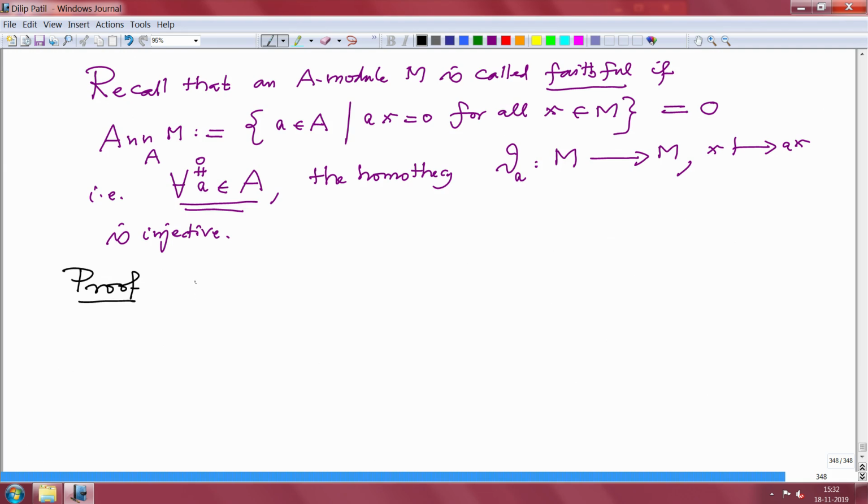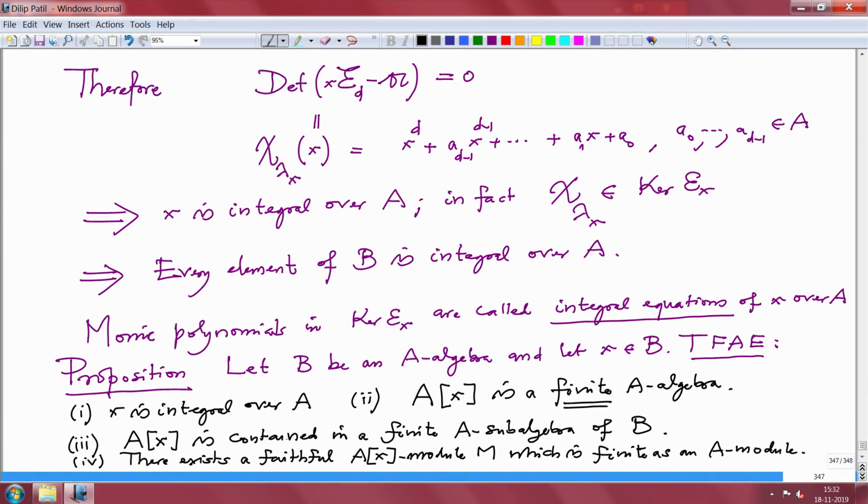So, for example, 2 implies 3. As I mentioned earlier, this is trivial. 2 implies 3 is trivial, and 3 implies 4. First of all, 2 implies 3 is trivial, because if this is a finite algebra, we want it contained in a finite A-subalgebra of B, but I will take that itself.